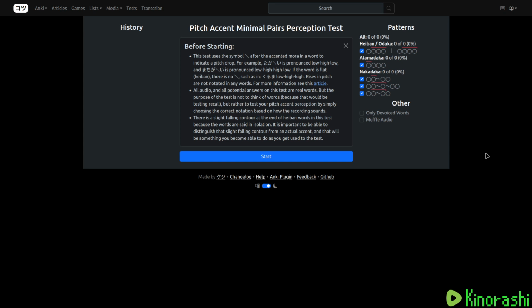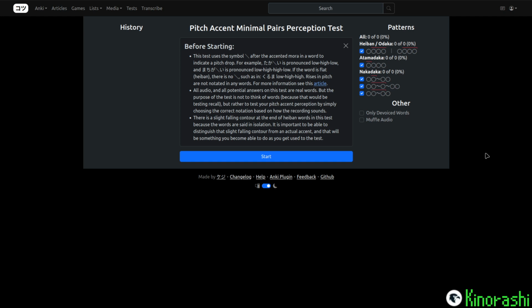The first mora is low, and any particle following the word is also pronounced with a low pitch.